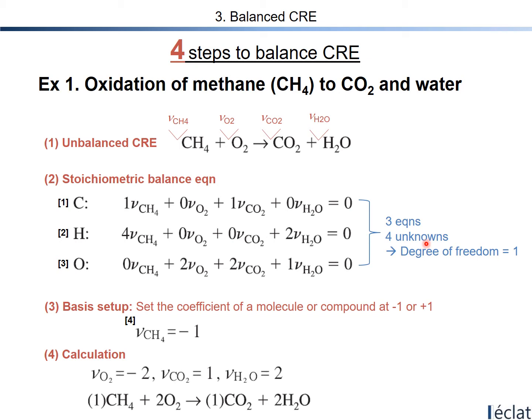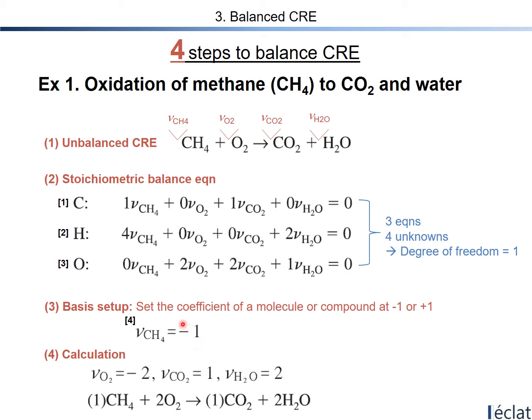So in this case, you should set up the basis. In this case, I have chosen methane, one of the raw materials, as the basis. Then it should be -1 for the simple calculation.